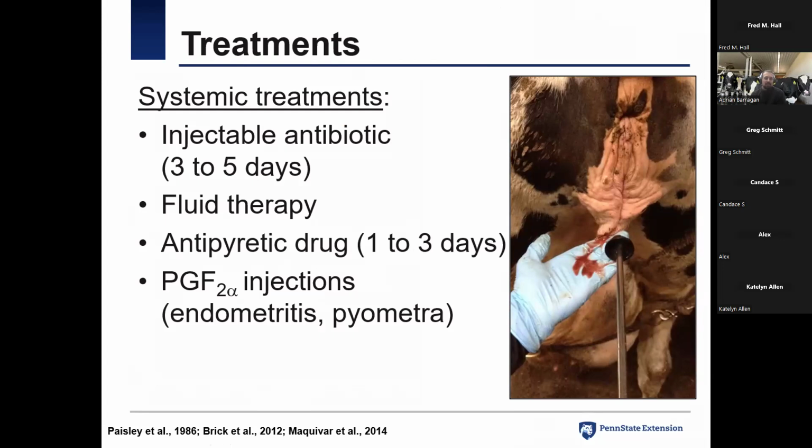Depending on the severity of the disease, if we have systemic signs, we have to do other palliative therapies, such as fluid therapy if the animals are dehydrated, antipyretic or anti-inflammatory drugs if the animal has a fever, right? And this is actually one study that showed a benefit from prostaglandin F2 alpha for the milder condition, right? The endometritis or the pyometra.